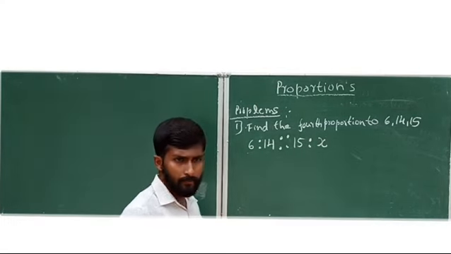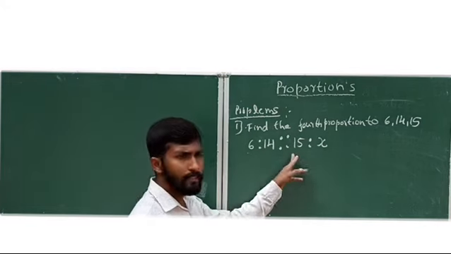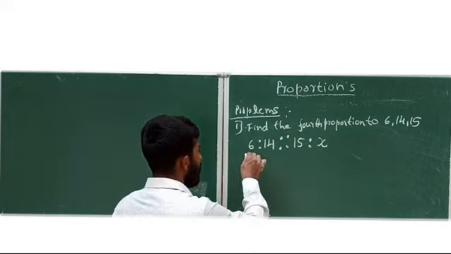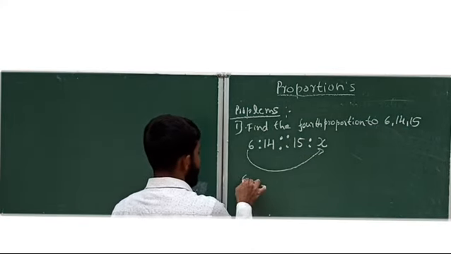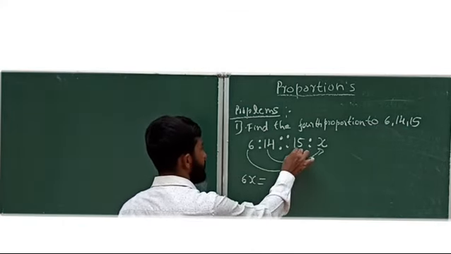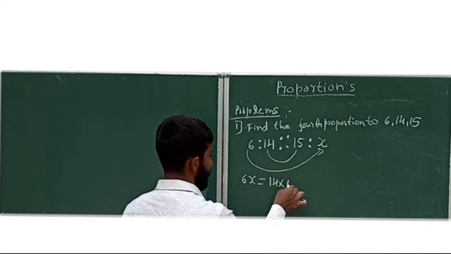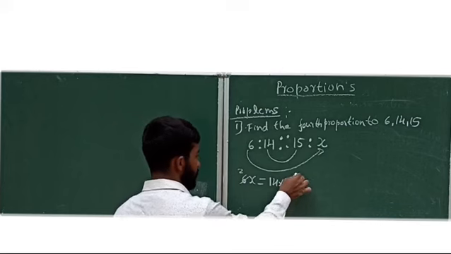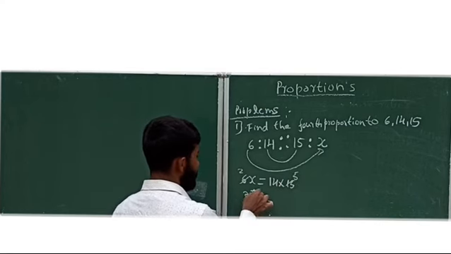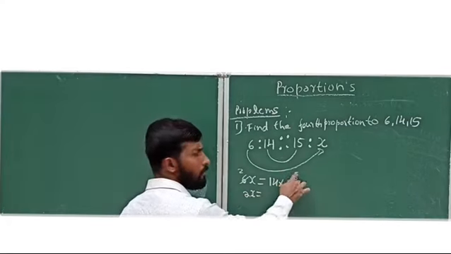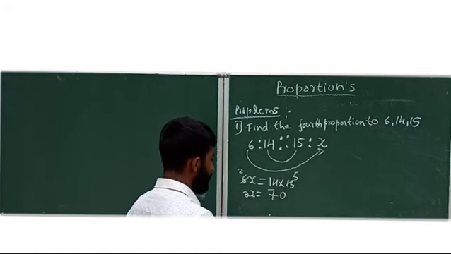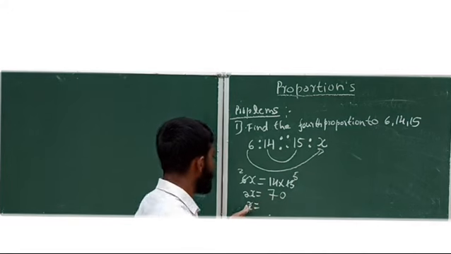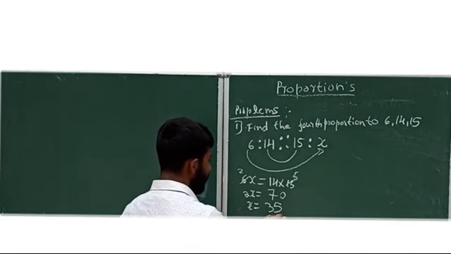Okay. Now use the property. Proportion means two ratios are equal. Two ratios are equal means what's the condition? AD, 6x is equal to BC, 14 into 15. Okay. Now simplify this one. 3 2s are 6, 3 5s are 15, so 2x is equal to 14 into 5, which is equal to 70. x is equal to 70 by 2, which is 35.